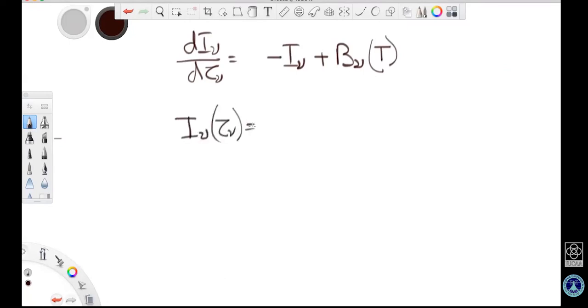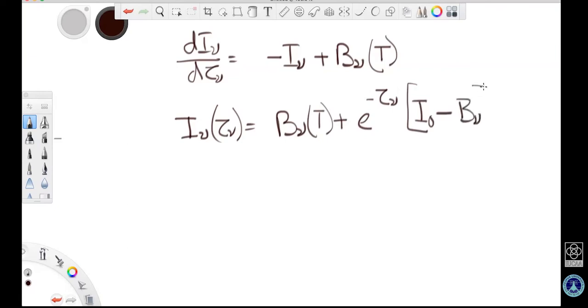I'm going to take B out here and the other terms here. This is the solution that I had written, just rearranged.